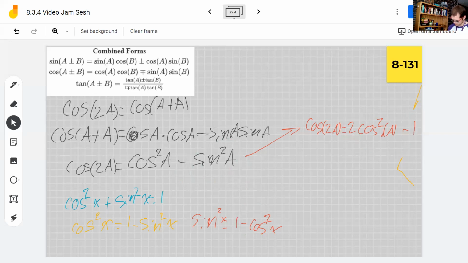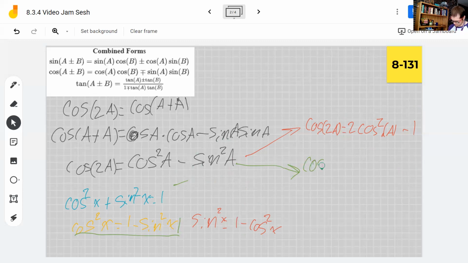There's a bunch of random marks here. I'm going to clear up a couple. I'm going to change to green because I think it shows a little better. So let's see what happens here. What if I substitute in 1 minus sine squared for cosine squared?